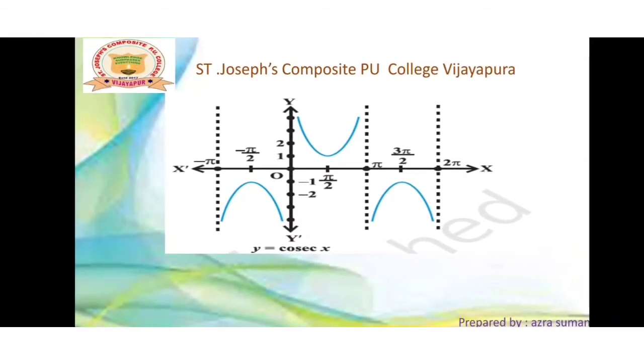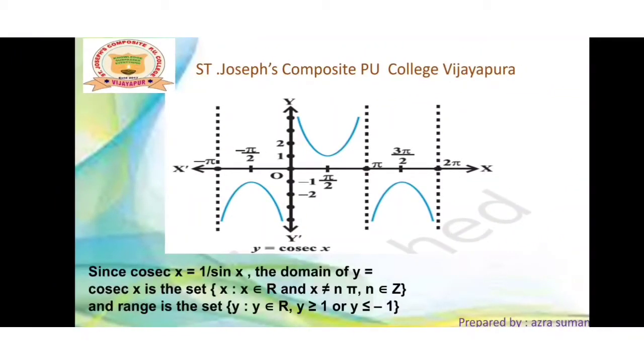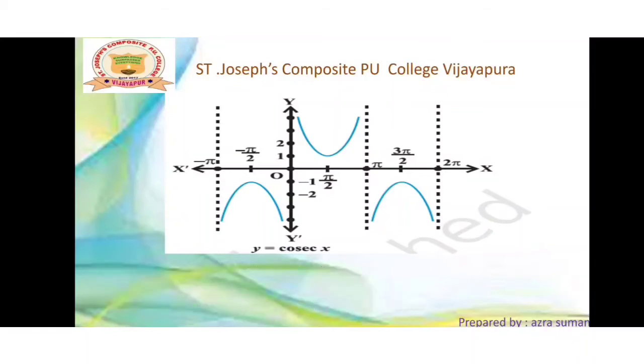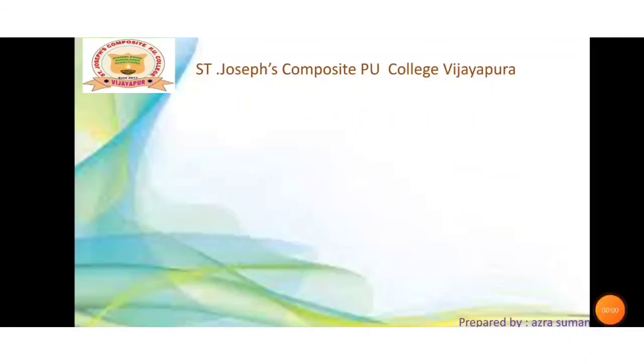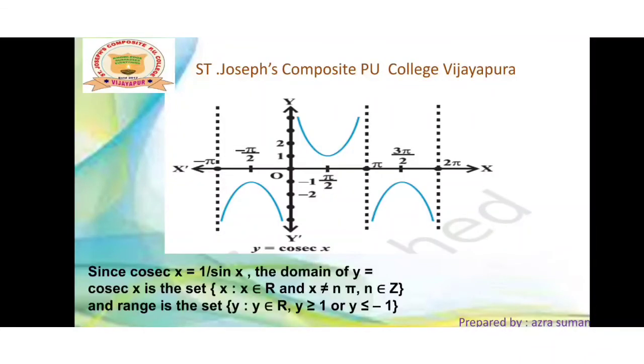So cosec x is 1 upon sin x. The domain of this function is the set of all real numbers except n pi, that is x should not be equal to n pi. And the range is the set of all real numbers between infinity and minus infinity, except 0.